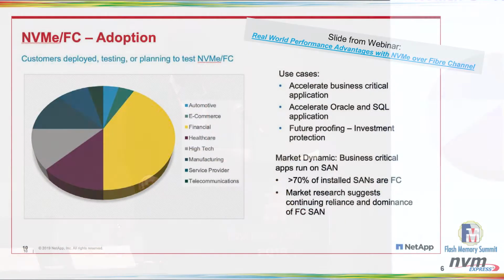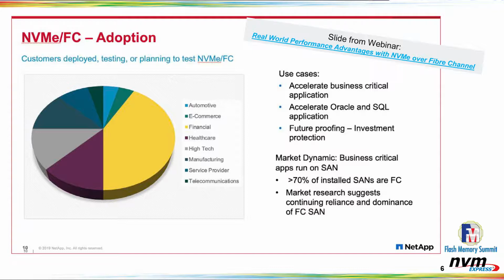So if we look at the adoption, this is a slide that I took out of a webinar we did together with NetApp and IBM in, I think, the May timeframe, because these were the first two in the market to offer NVMe over Fibre Channel. This one is particularly from NetApp, where they show, across different industries, who were the adopters and why did they look to NVMe?